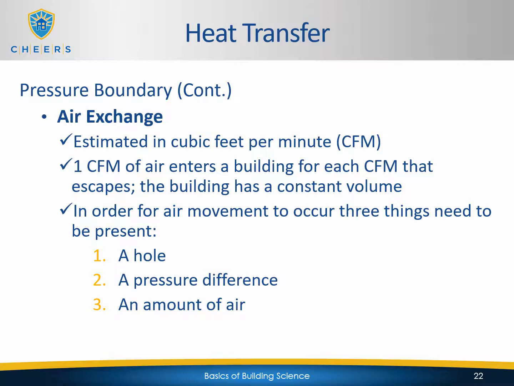So for the most part, air movement goes from high pressure to low pressure. That means the bigger the difference in pressure between the two areas, the more air movement you're going to have. If there is no difference in pressure, there is not going to be air movement, because there's nothing driving air movement from one place to the other. And then obviously you have to have an amount of air, any amount of air.